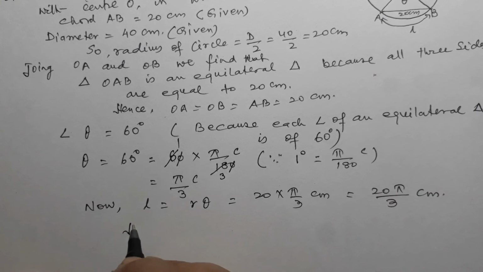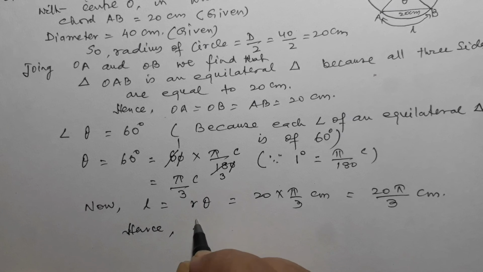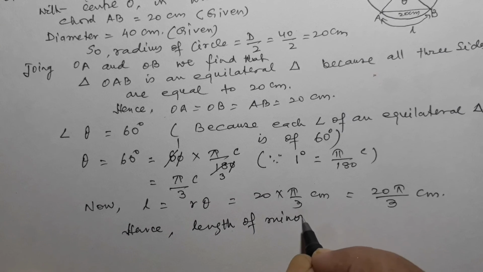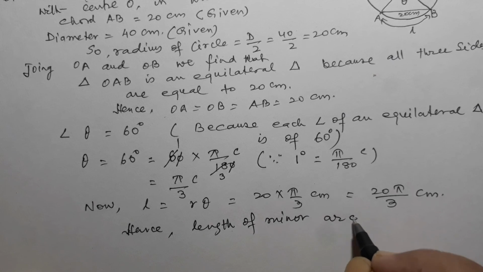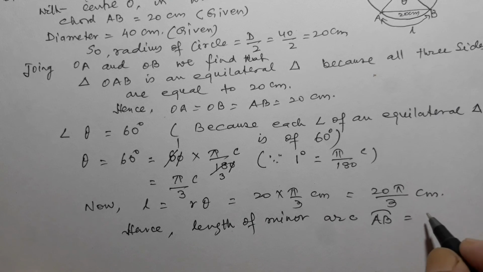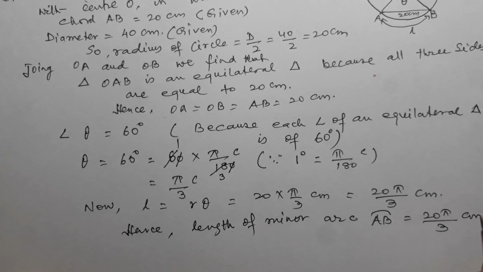Hence length of minor arc AB is equal to 20 pi by 3 centimeter.